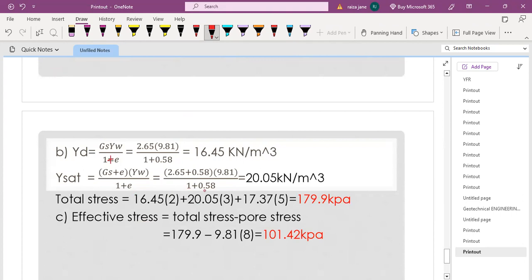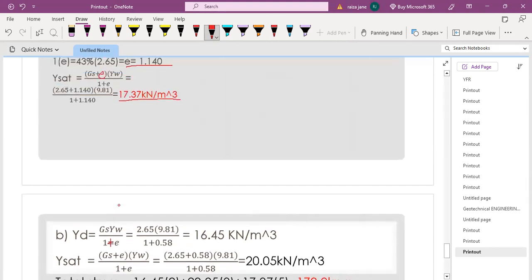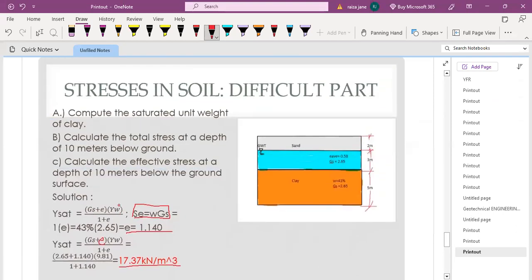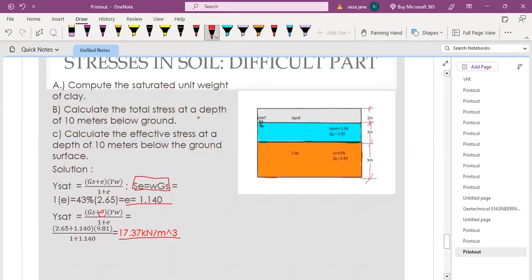Tapos, ganoon din dito. 2.65 plus 0.58 times 9.81 over 1 plus 0.58 will be 20.05. Double check natin. Yun. Tama. And then, ang hinahanap natin is yung total stress niya at depth of 10 meters below ground.